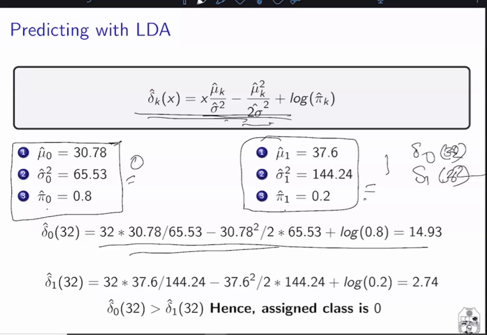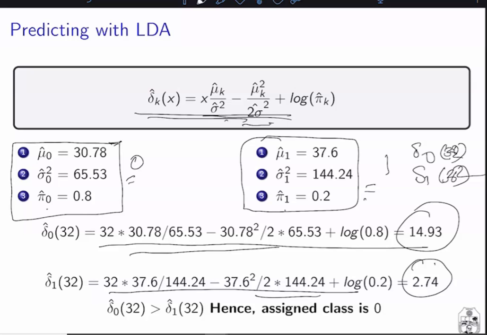When you substitute these values in this density function, you get one particular value like this, and this helps us decide whether a particular observation belongs to class 1 or class 0.